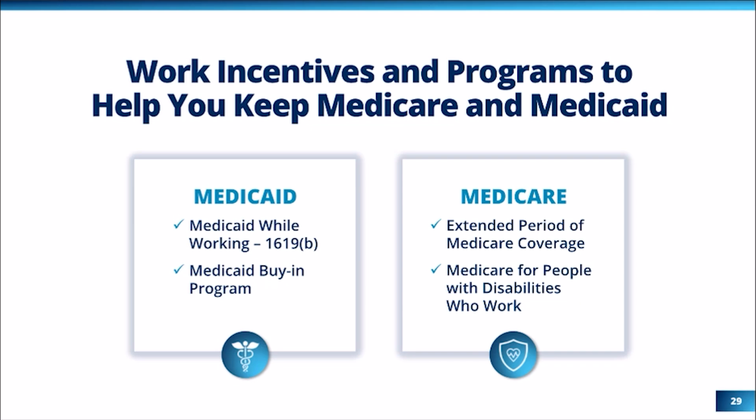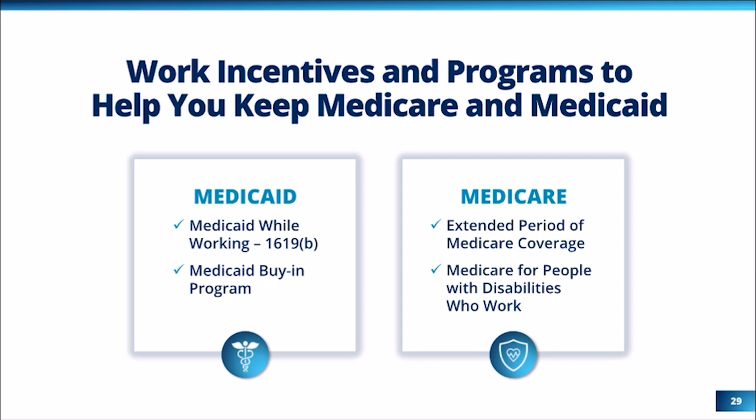Now, when we switch over to Medicare, the extended period of Medicare coverage, we talked about that trial work period being 9 months. Once your trial work period is over, the extended period of Medicare coverage lasts at least 93 months. That's 7.75 years. That's a good thing.